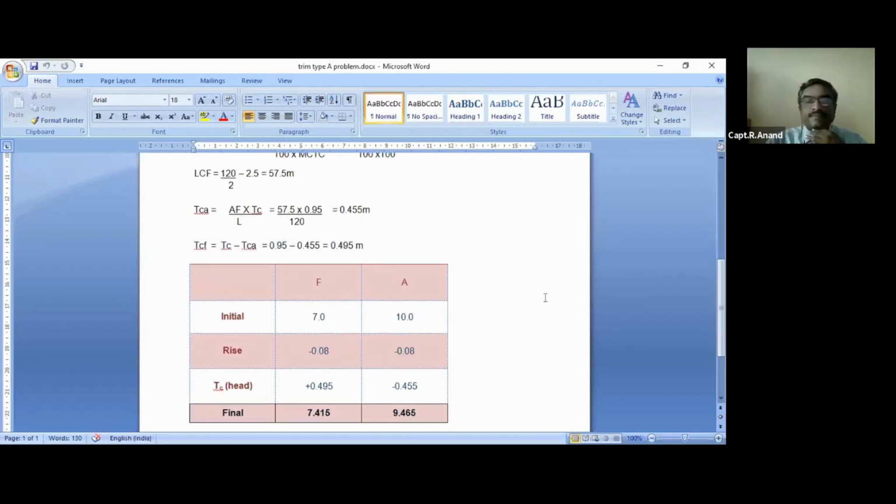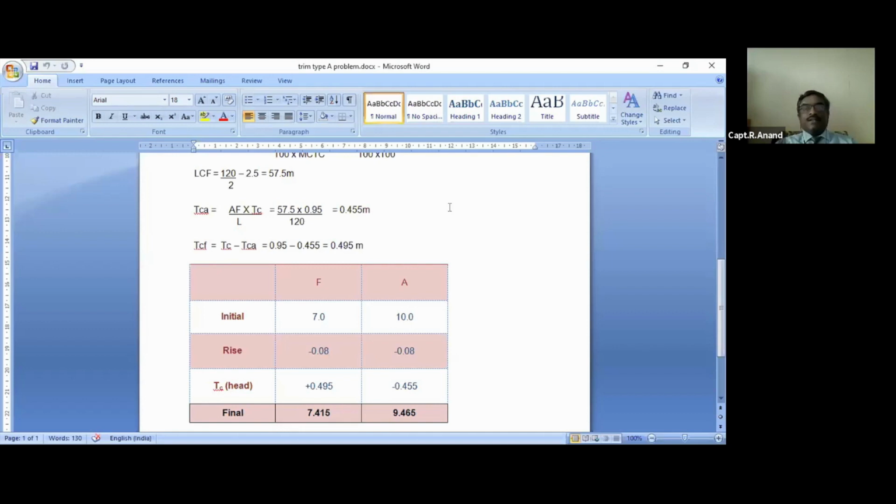Captain Anand, sir, moderator here. One participant had raised the question. His mobile name is Vivo. Why is AF measured from FP? No. See, AF by definition means from aft perpendicular. I had told you this formula for calculating trim change forward.